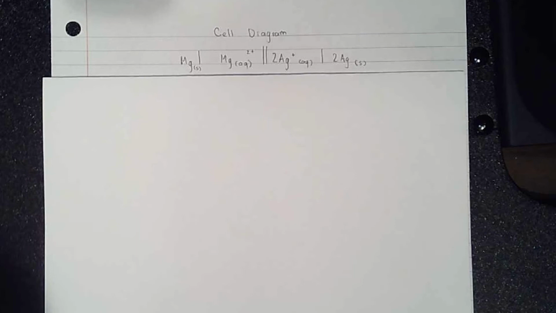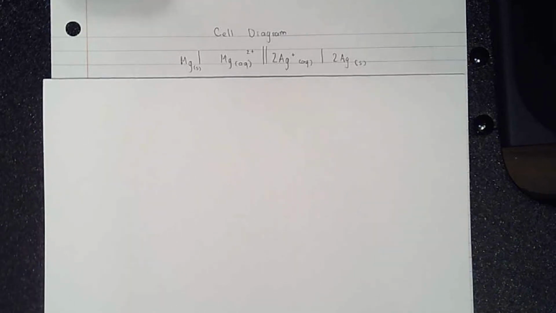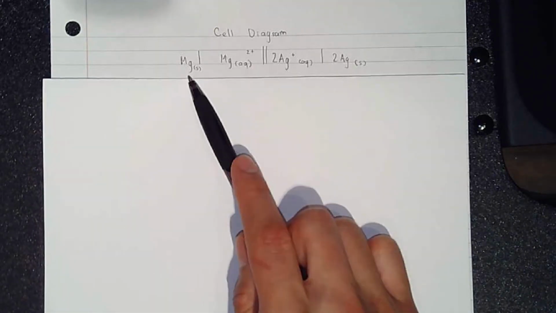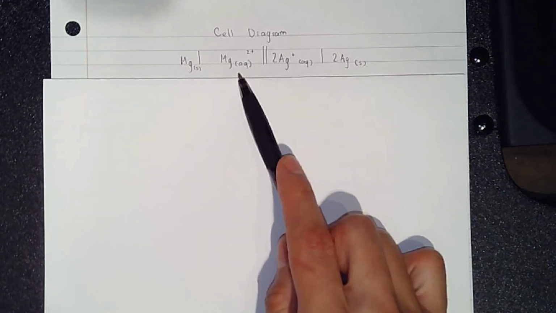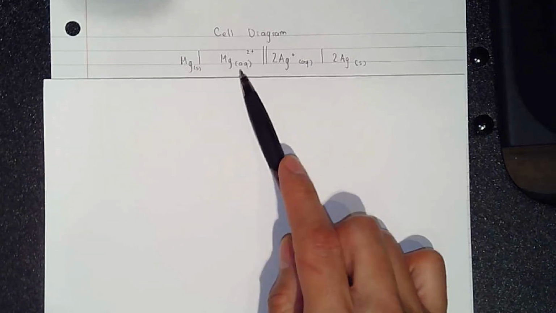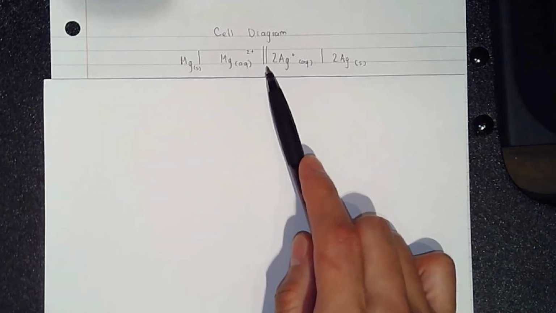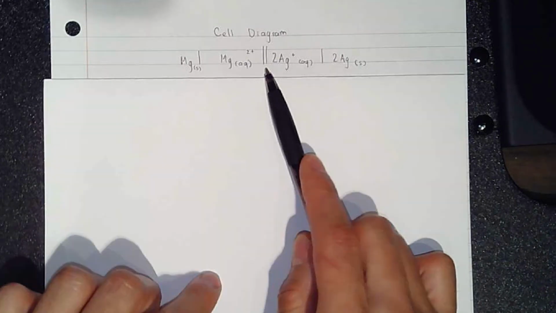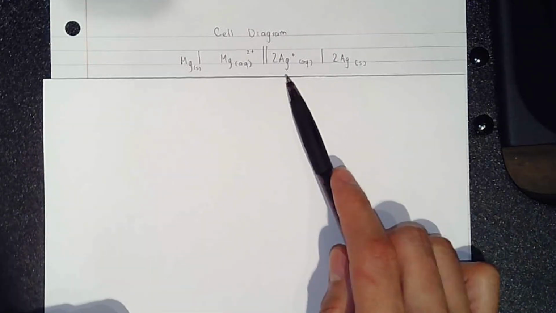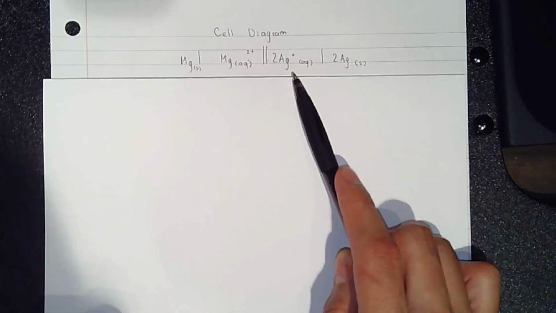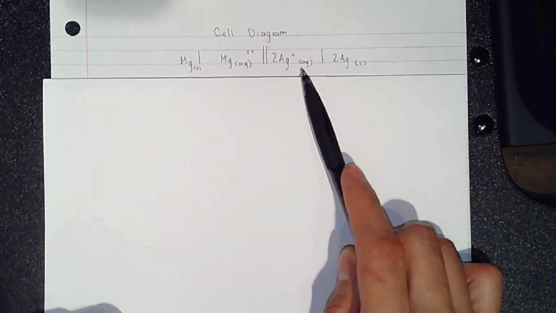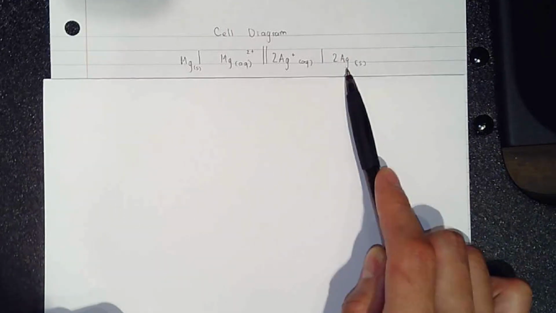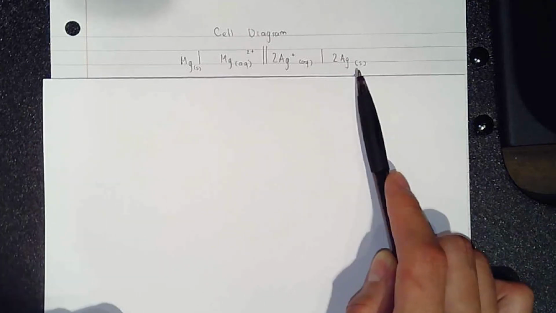In this case, we have written our anode first as the oxidation of solid magnesium into a magnesium cation. The 2 double lines represent the salt bridge or the electrolyte. On the right hand side, we can see the 2 silver cations that are going to gain electrons from magnesium to become 2 silver stable atoms. These are in the solid form.